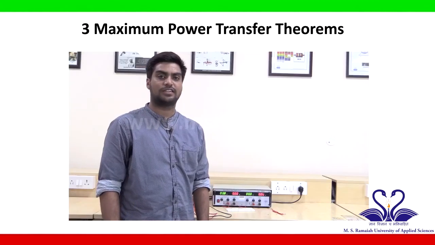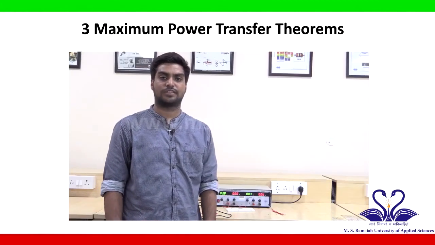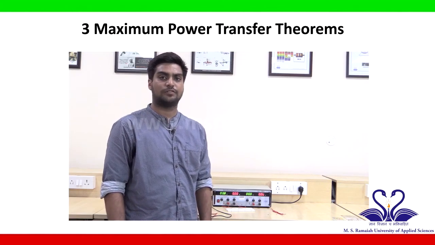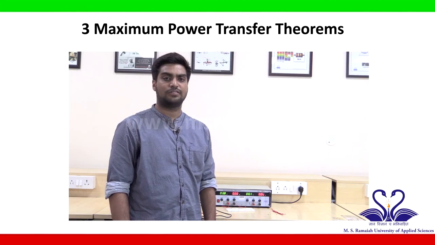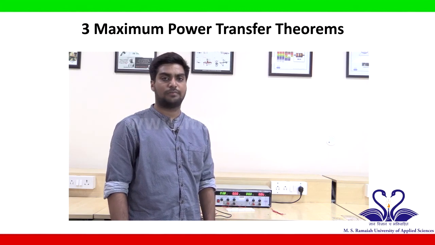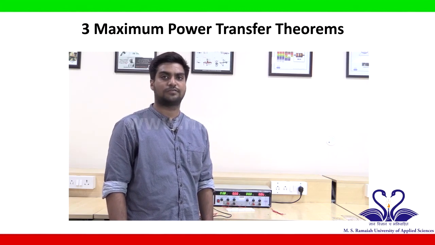We are done with our third part of the experiment, that is the maximum power transfer theorem. We took load current values for three different values of resistor, that is 4.7 kilo ohms, 2.1 kilo ohms and 1 kilo ohm resistors. The obtained load current values can be used to calculate the powers and verify the maximum power transfer theorem.